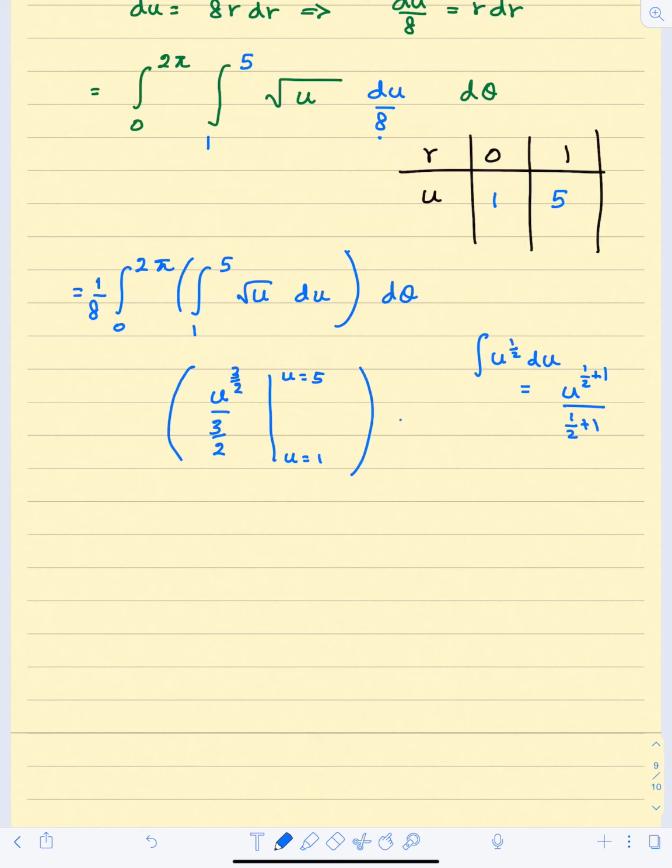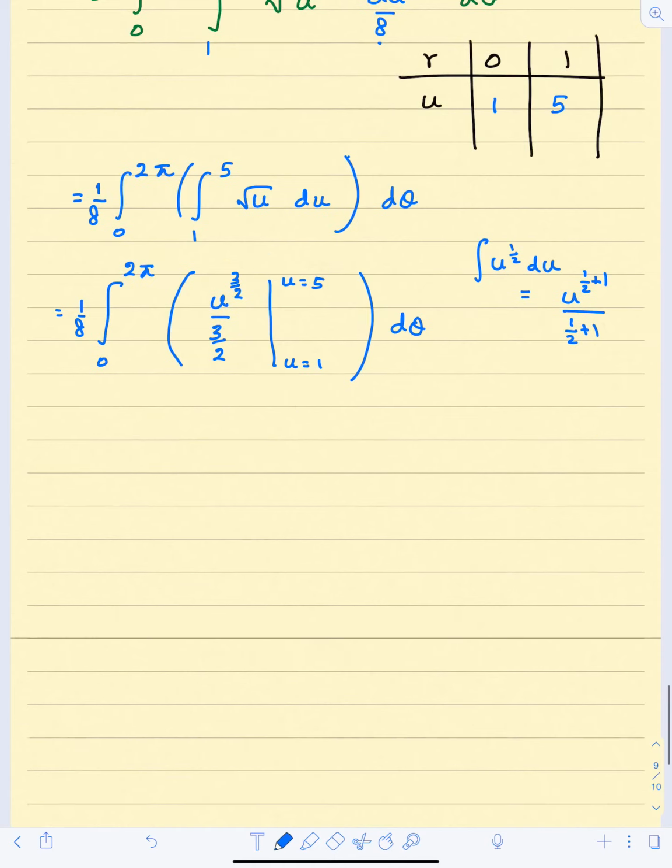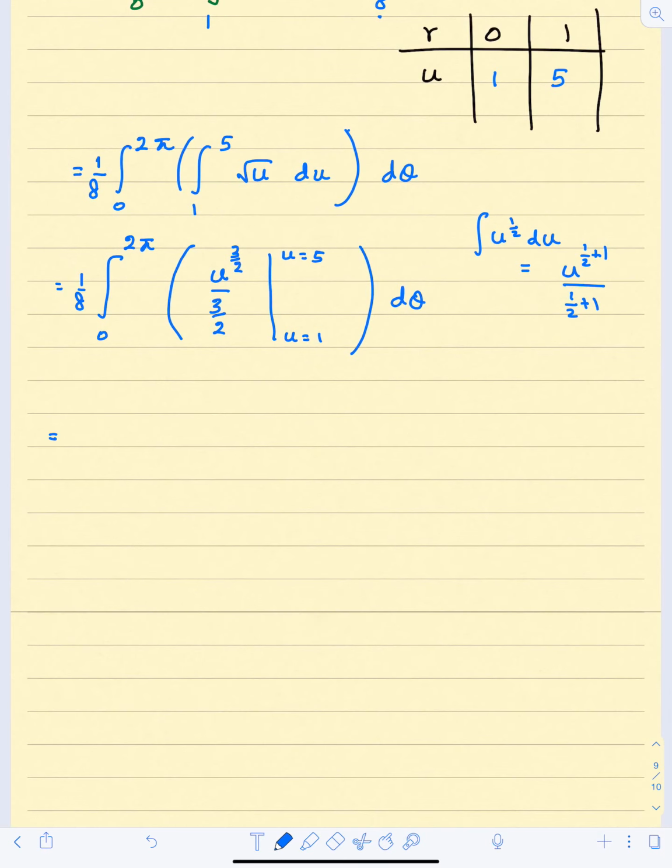So this is the value of the inner integral: 5 to the power 3/2 minus 1 to the power 3/2, all over 3/2, d theta.